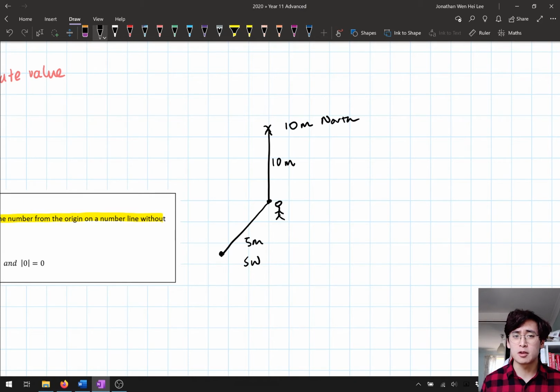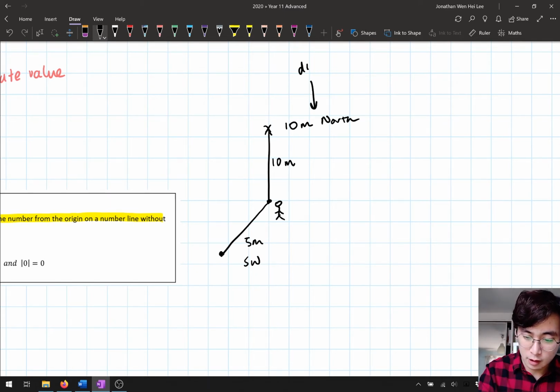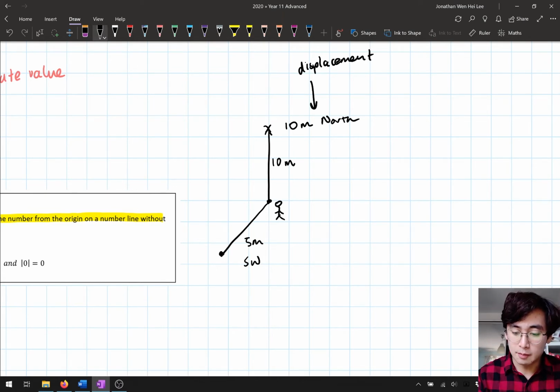However, if I'm not worrying about which direction I'm going from my starting point, and I'm just worried about how far I travel, that's called distance. So here, this is displacement, and my distance would just be 10 meters, without saying what direction I'm going in.